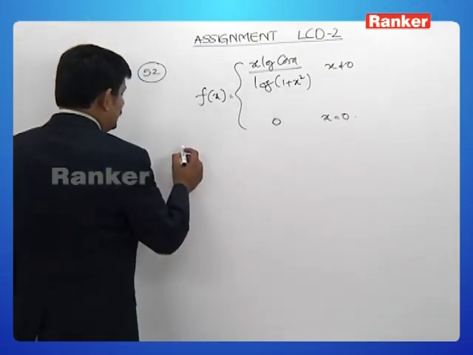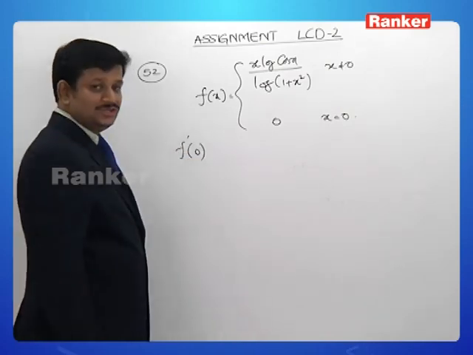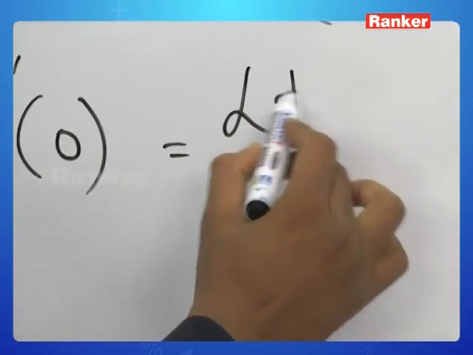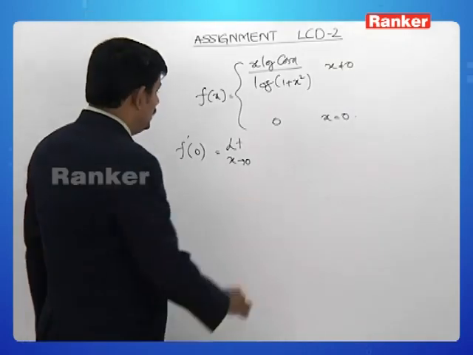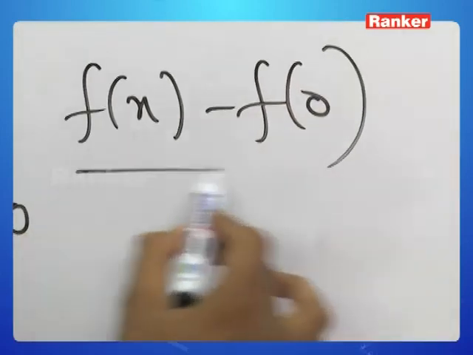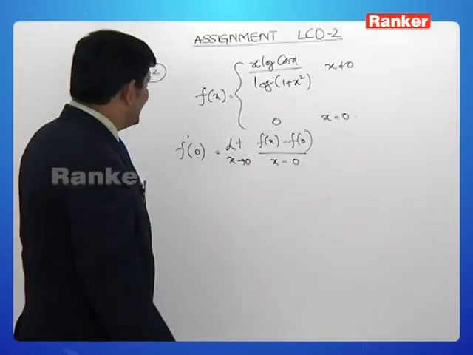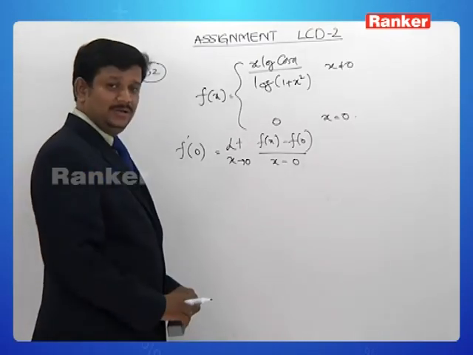Now, let us check differentiability. For differentiability at 0, the limit as x tends to 0 of f of x minus f of 0 divided by x minus 0 should exist and it should be finite.